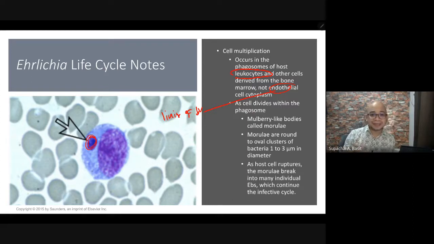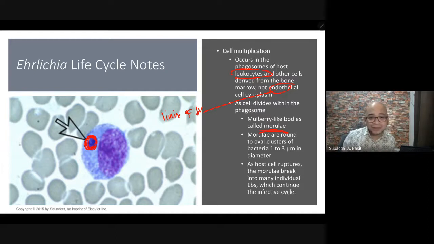The cell divides within the phagosome, so they develop mulberry-like bodies called morulae. Morulae are round to oval clusters of bacteria, 1 to 3 microns in diameter, made up of bacteria inside the phagosome.